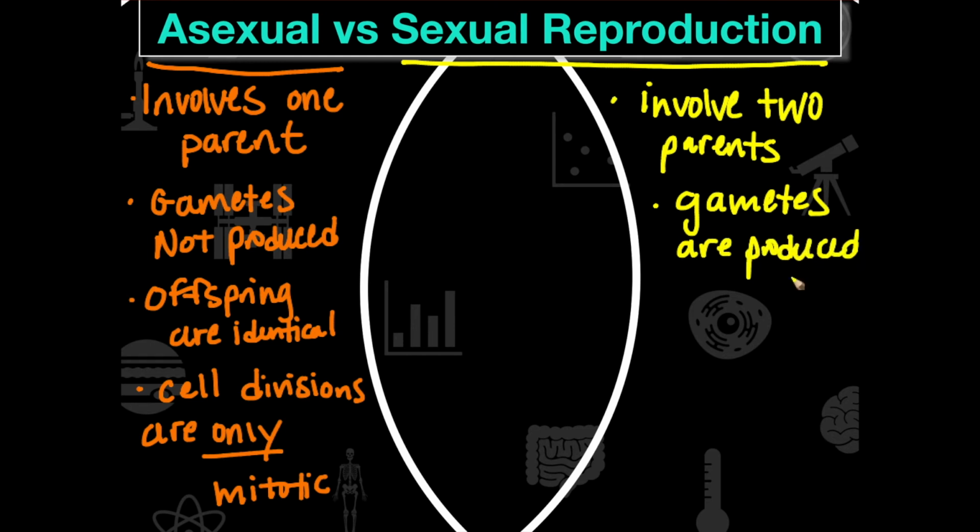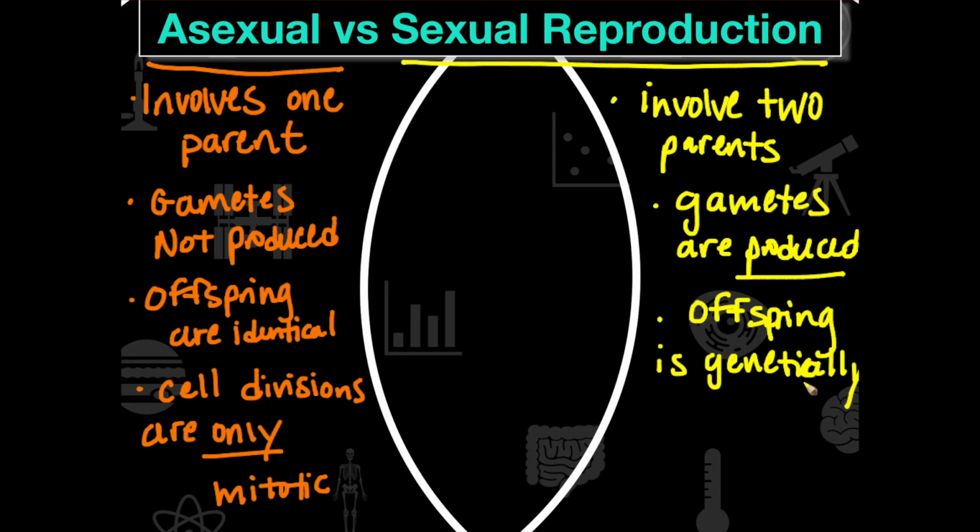And then if we're looking at this, the offspring is going to be genetically different or genetically variable.